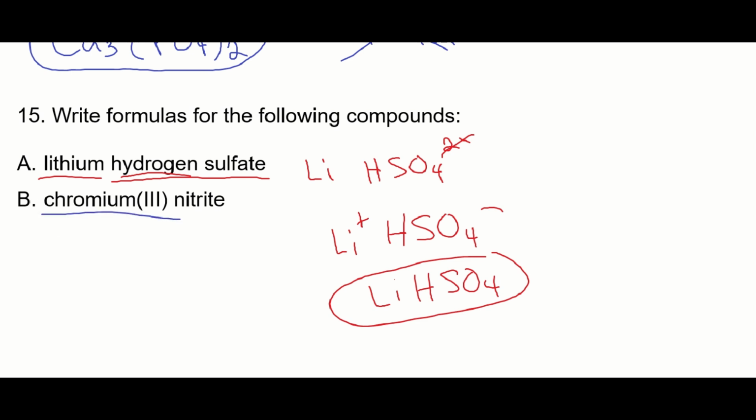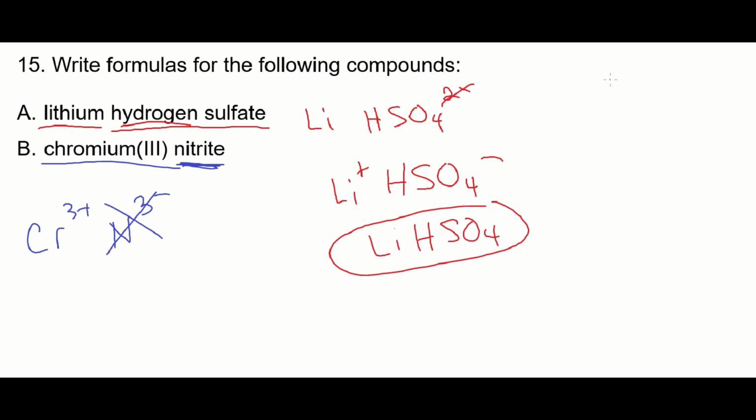Chromium, charge is given to us, Cr, 3 positive. This is not an element. See, students always do that very commonly. That's not correct. This is a polyatomic ion. Nitrate is NO3. Ite is 1 less oxygen. So chromium 3 positive.